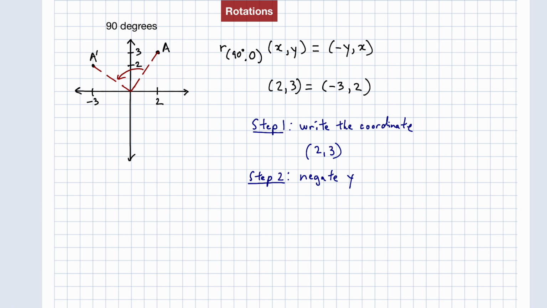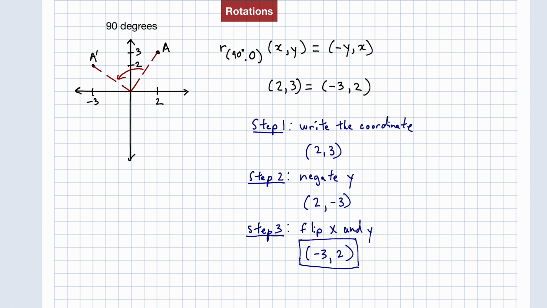So we're going to take 2, 3, and negate y. So now it's going to be 2, negative 3. And then step 3, flip x and y. The final step here is to flip x and y, so we get negative 3, 2. And this is our answer. If you follow these 3 steps whenever you're rotating, it'll minimize potential errors.